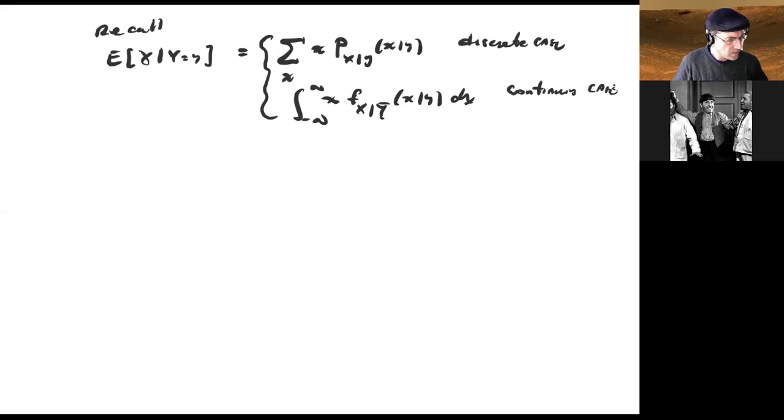Okay, so then we also described this, you might call it a partition formula, that tells you that the expected value of X can be rewritten in terms of these conditional expected values.